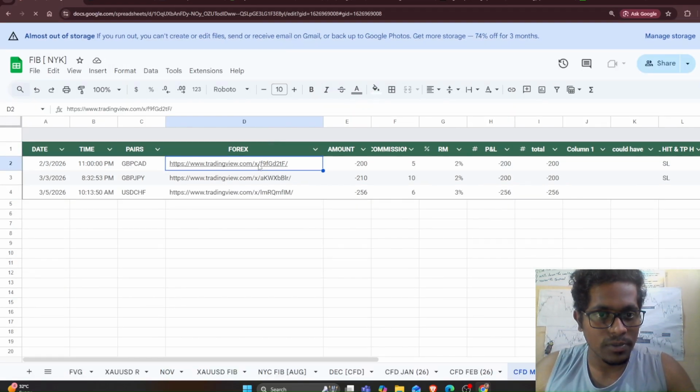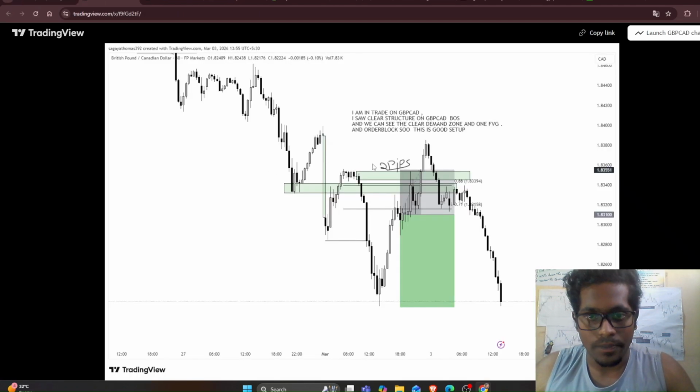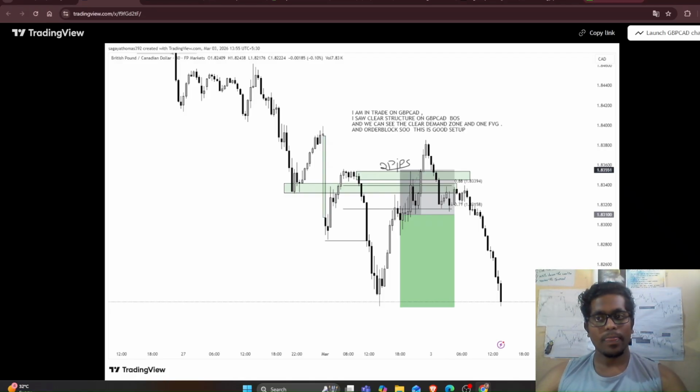This was the GBP CAD, the first trade which I took. As you see, the market was in a clear downtrend. The market broke this low, made a lower high and lower low, and then gave us a proper retracement level.